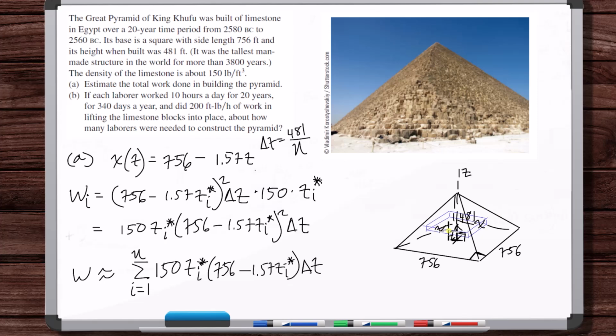If you made n too small, then the intervals would be large, and error would come in because, depending on the z position you chose to evaluate the square cross-sectional area in the square prism, there would be too much or too little limestone weight.